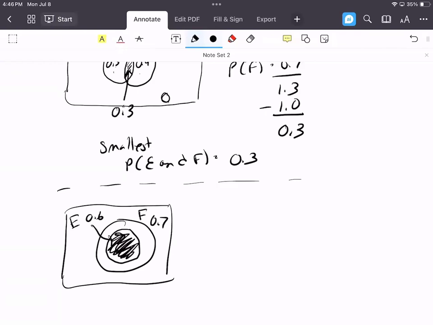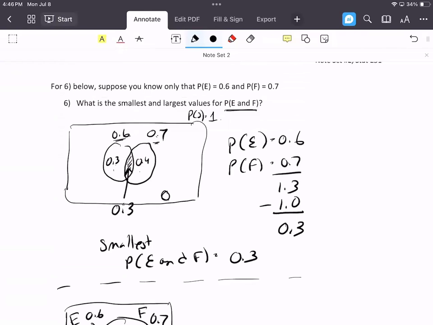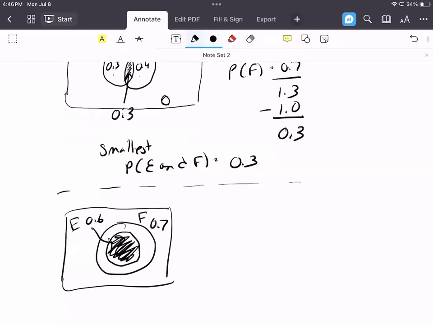This would give us the most overlap. All right, so we want the most overlap and the least overlap because that's what the and is. The and is the overlap. This gives us the smallest overlap possible. This gives us the largest overlap possible. So probability of E and F would be 0.6, and that is the largest the value can be.